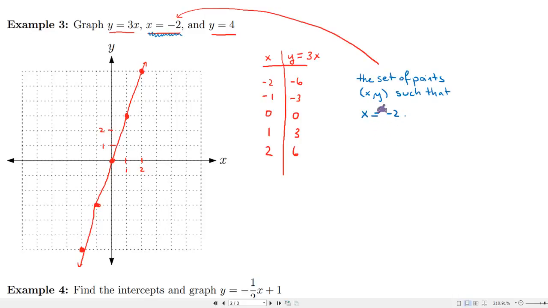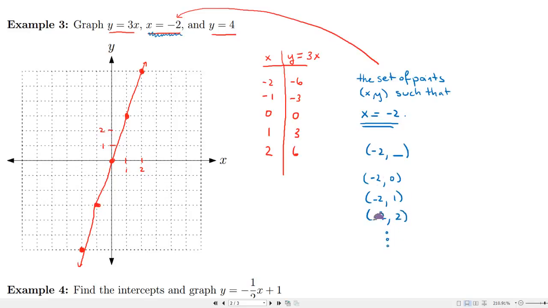can you think of some points that satisfy this equation right here? Well, certainly. -2, and then fill in that blank with whatever you want. That's the only restriction that this equation is giving us. So for example, -2, 0, -2, 1, -2, 2, and so on.